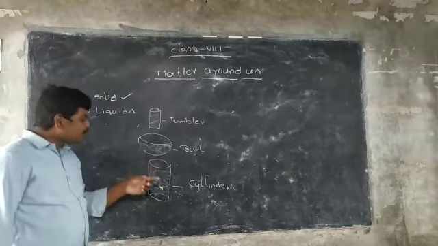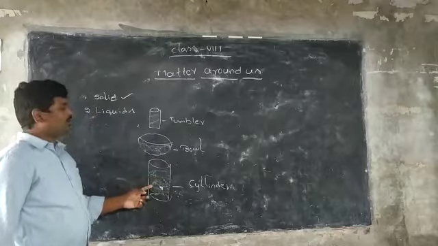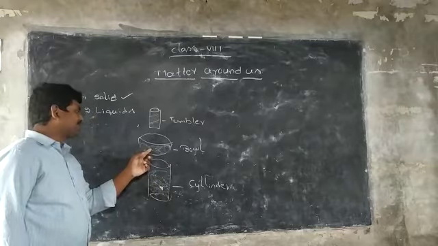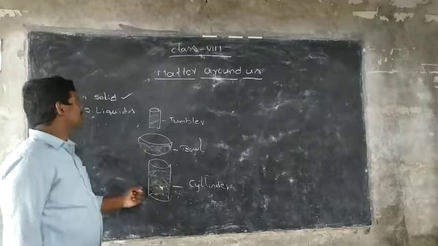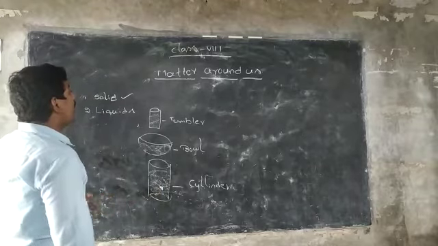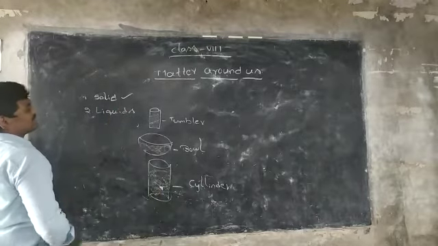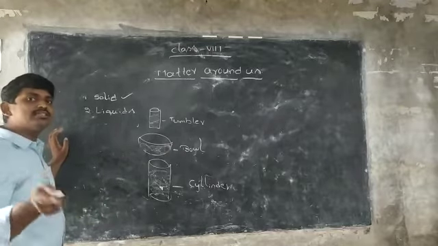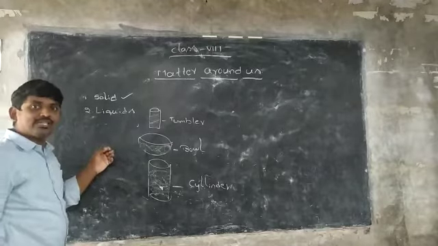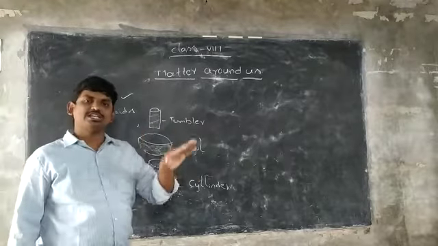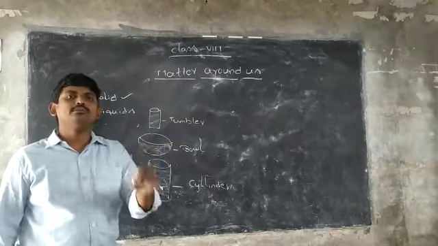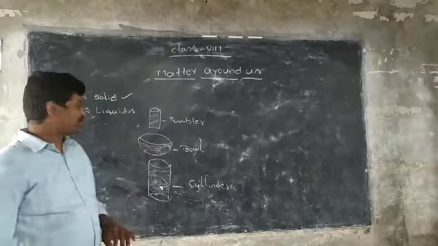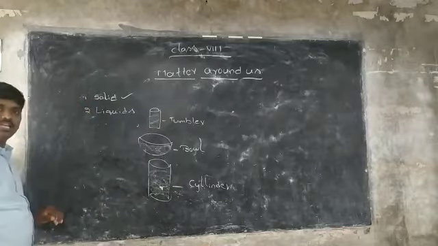The same volume will be here also, in this case also, for the same liquid. So we can say that the shape of the liquids will be changed, but the volume remains the same. That is what about liquids.